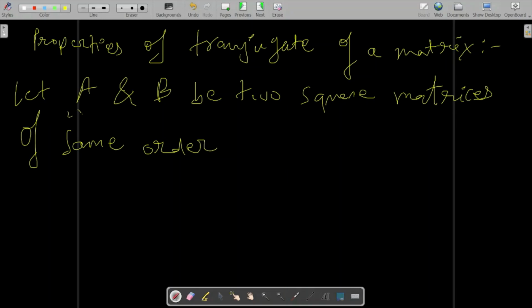So if this is 2 cross 2, then this will also be 2 cross 2. If this is 3 cross 3, then this will also be 3 cross 3. If this is 4 cross 4, then this will also be 4 cross 4. That's the meaning of square matrices of the same order.